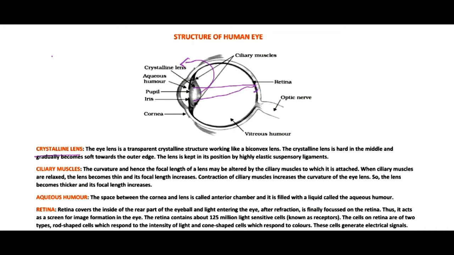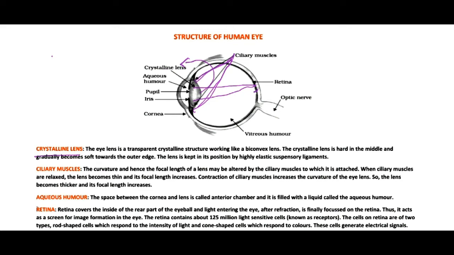This lens is kept in position by these ciliary muscles. These ciliary muscles are responsible to change the convexity of this lens. So it means they are responsible for the change in focal length of the lens.